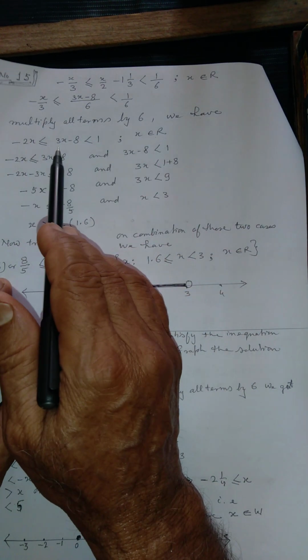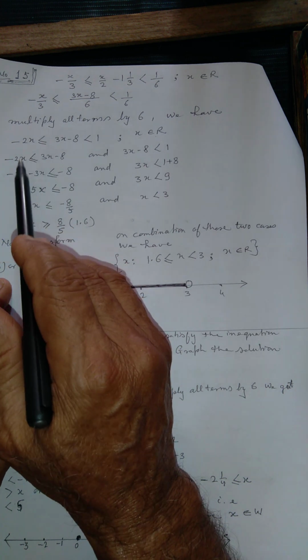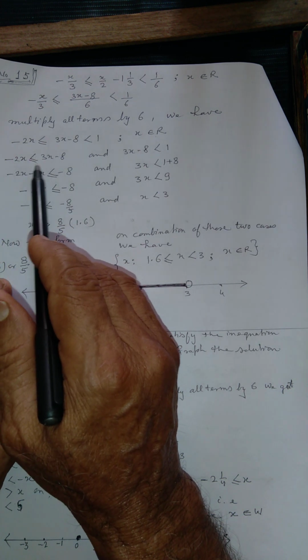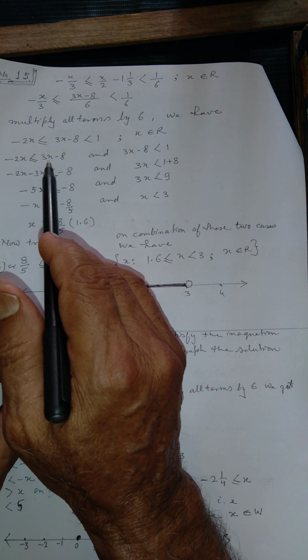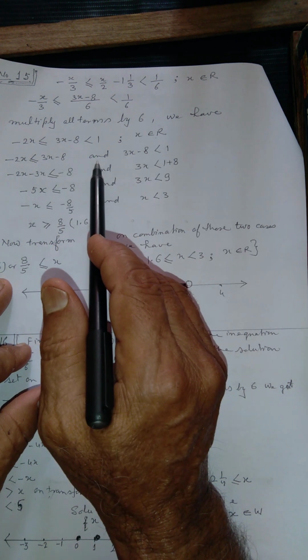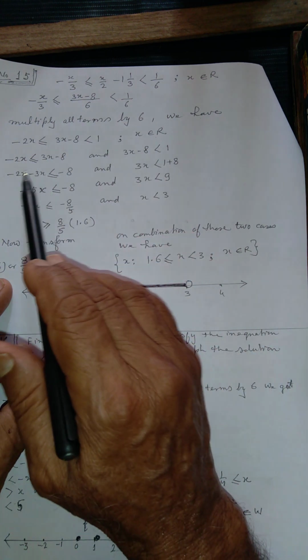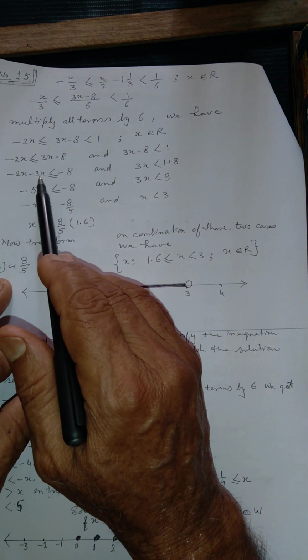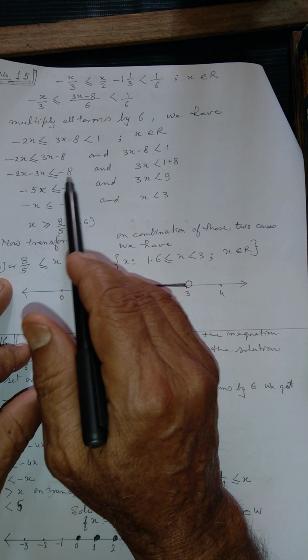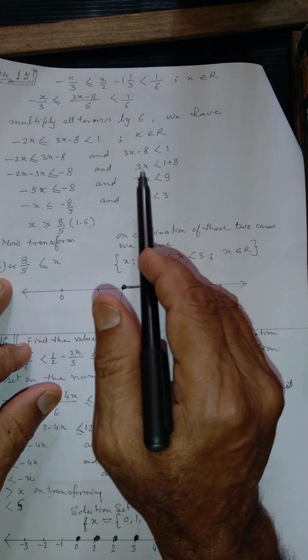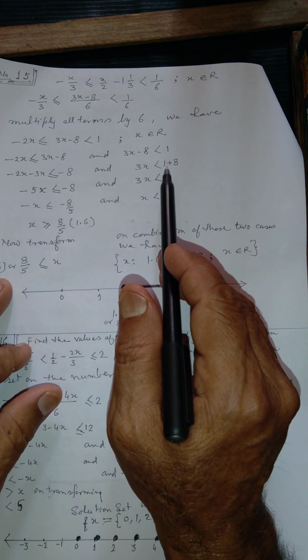Now split this inequation in two parts: minus 2x less than or equal to 3x minus 8, and 3x minus 8 less than 1. Minus 2x minus 3x less than or equal to minus 8, and 3x less than 1 plus 8.